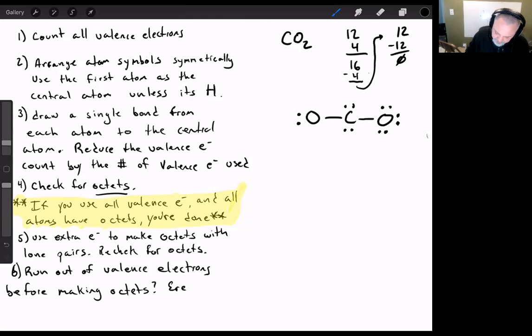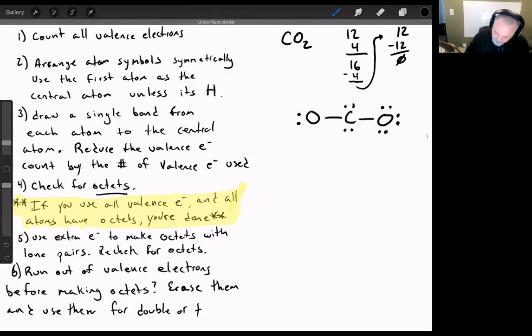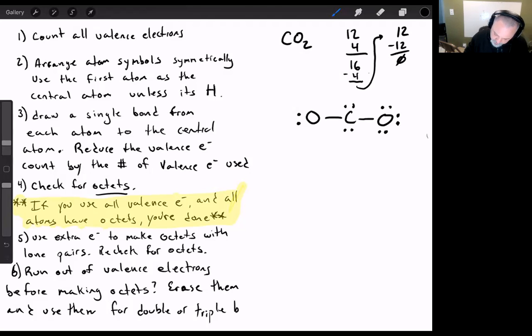You erase them and use them for double or triple bonds. Are there two P's in triple? Yeah, I didn't think so.